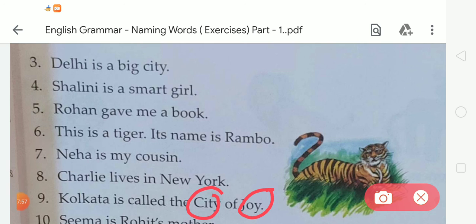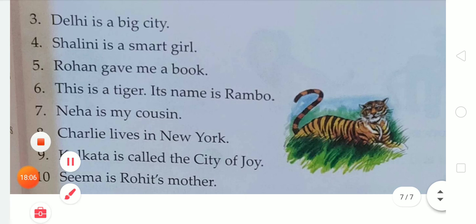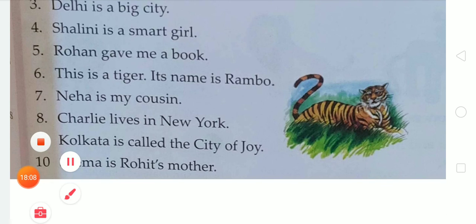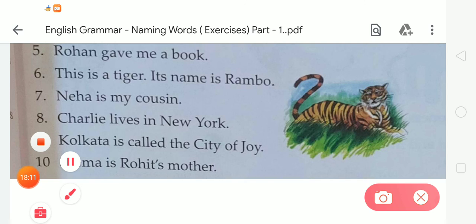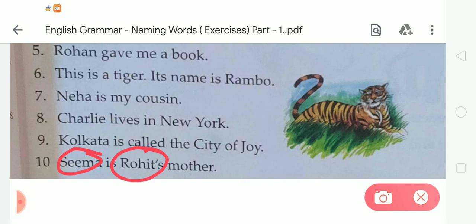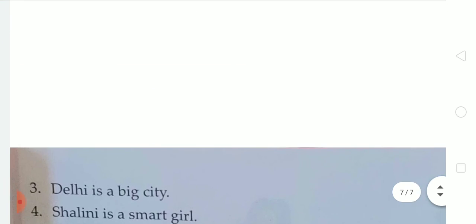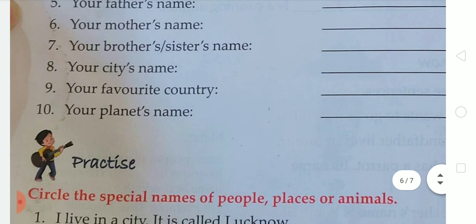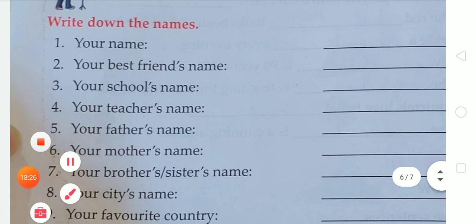Now the next, number 10: Seema is Rohit's mother. So again we have to circle two words. First is Seema and next is Rohit. Okay students, so like this we have to circle the given special names. Like this you have to complete your exercises in your book and also complete the given homework.